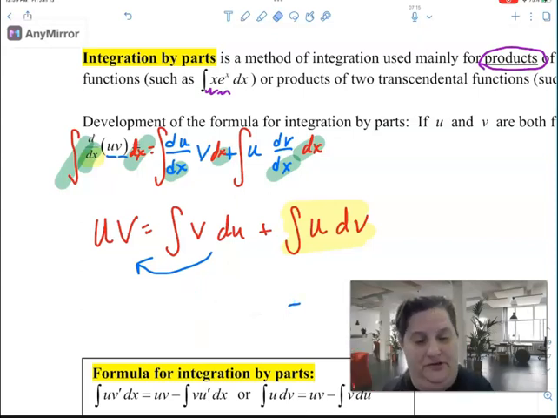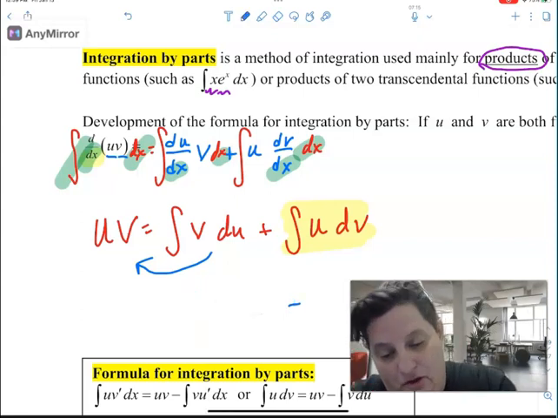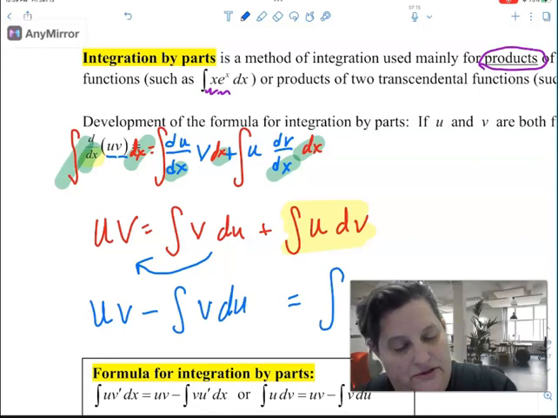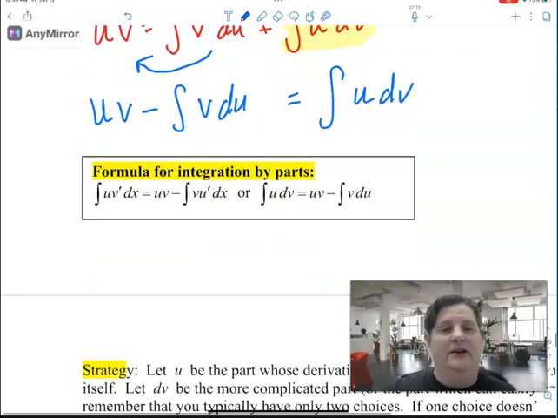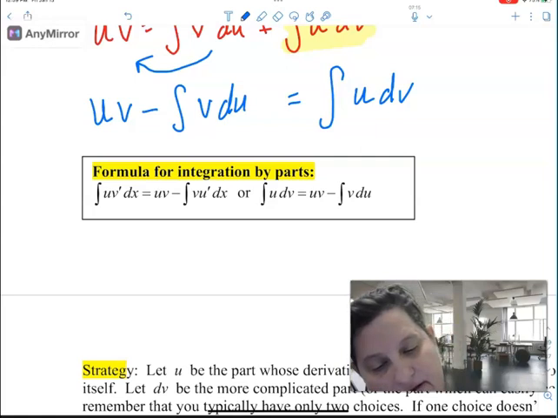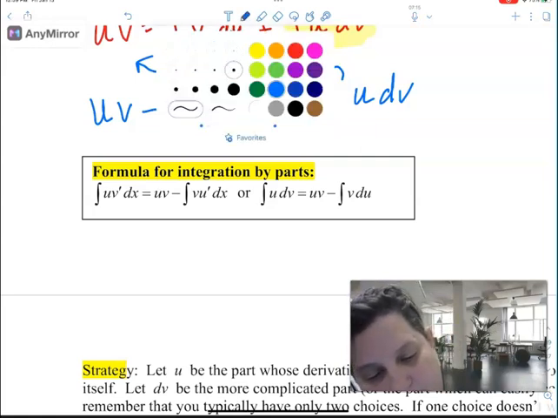Let me write this again. Okay. uv minus the integral of v du equals the integral of u dv. Okay? This is integration by parts. You can look at it either this way with the primes and stuff, but I particularly like it like this. So I'm going to use this one right here.